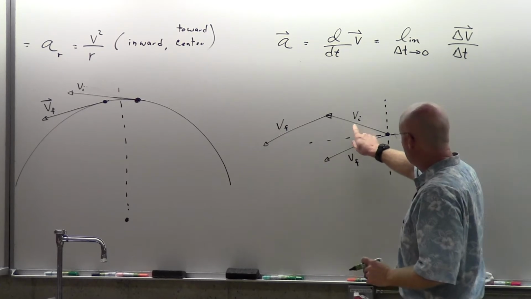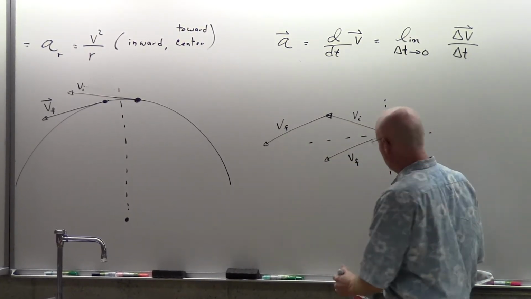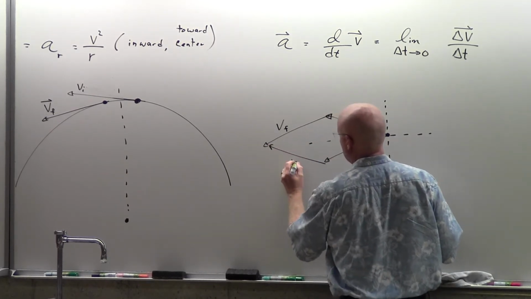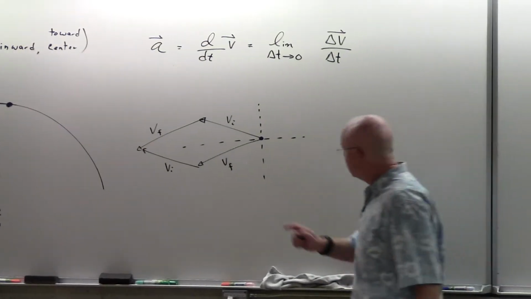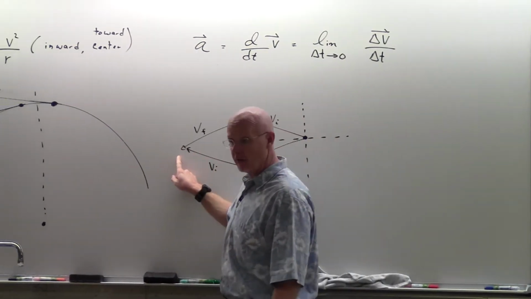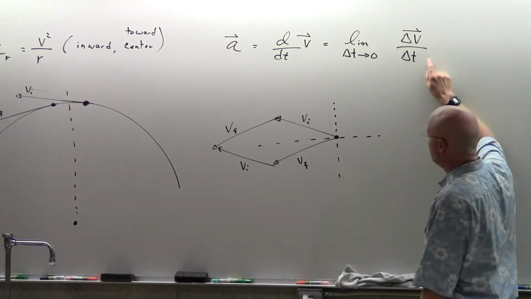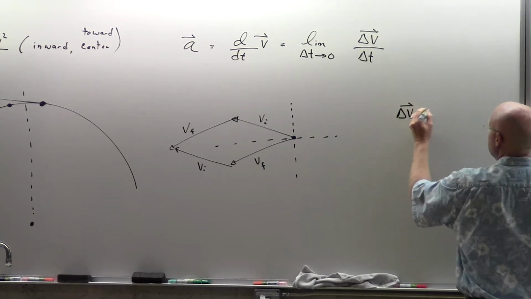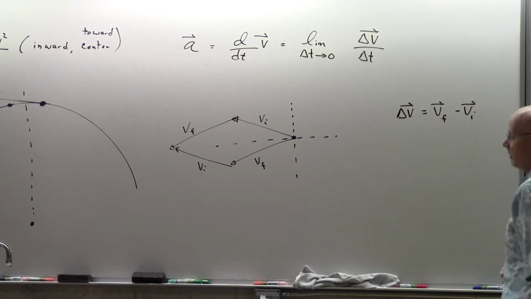You take the first and add it to the second, right? Arrowhead to arrowhead. Or you could do it down here. Remember that parallelogram? And isn't this down the diagonal the sum of the two? That's not the one I'm interested in. Where is the change in velocity vector? The change in velocity is final minus initial.